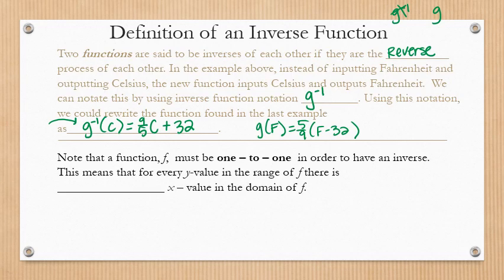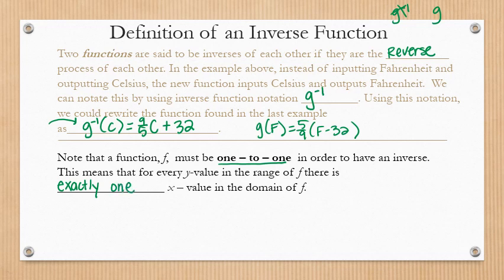Note that a function f must be 1 to 1 in order to have an inverse. This means that for every y value in the range of f, there is exactly one x value in the domain of f.